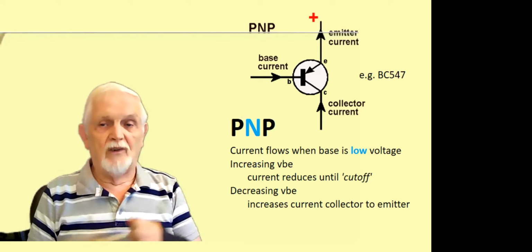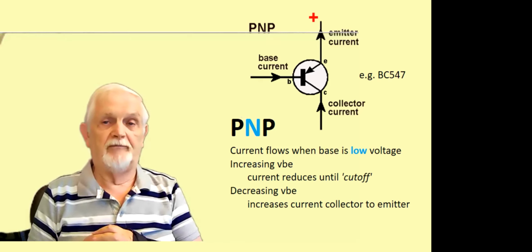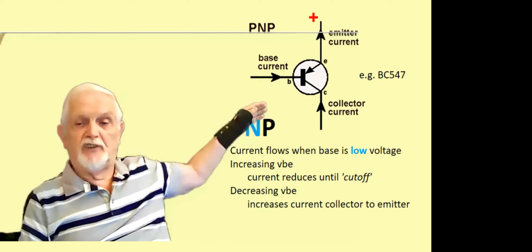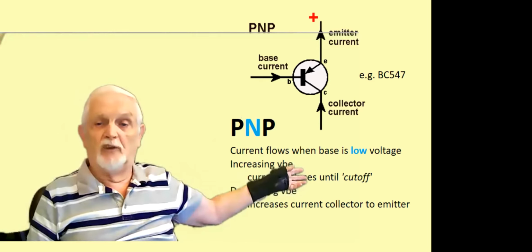Low voltage makes a current flow, high voltage switches it off. Right. If you keep reducing the current, you eventually get to a point called cutoff, where no current flows at all.